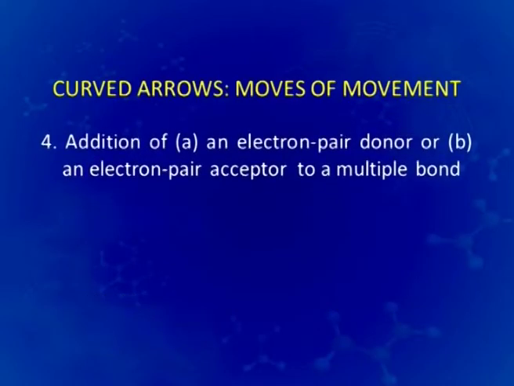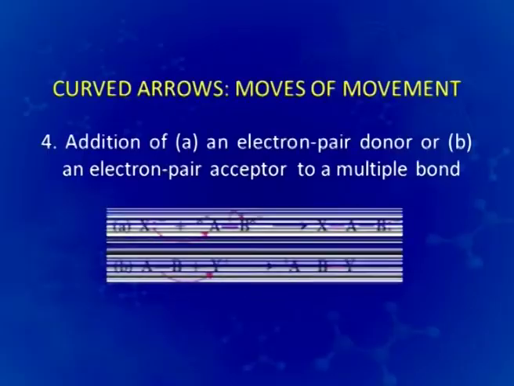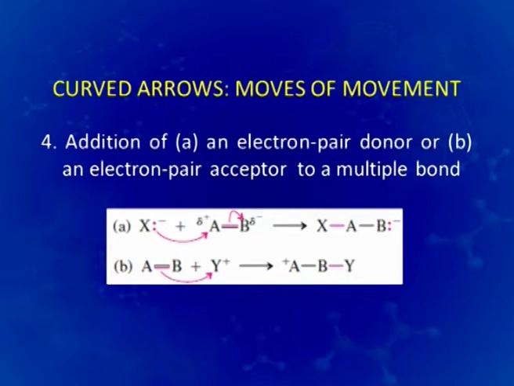Then we have addition of an electron pair donor or an electron pair acceptor to a multiple bond. You know that multiple bonds have the ability to get saturated during the course of a reaction by accepting an electron pair, or by a charged species donating an electron pair to the one which is electron deficient, leading to the formation of a saturated compound, as shown here.